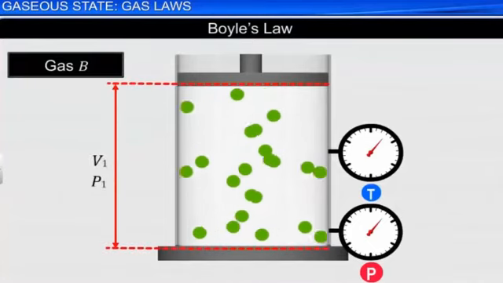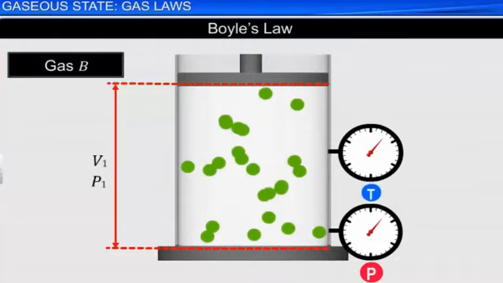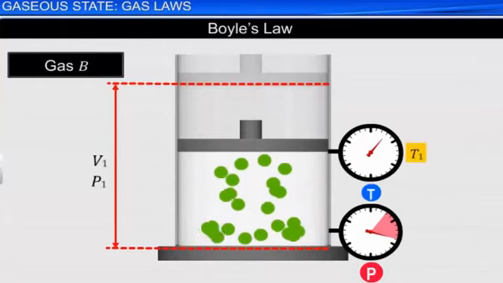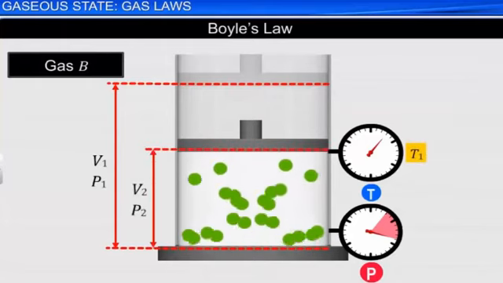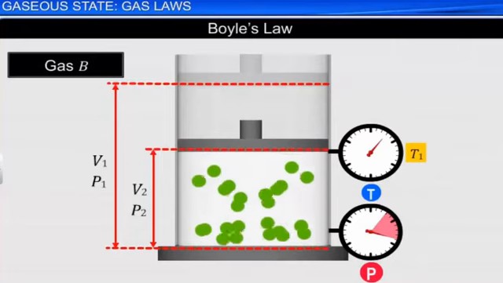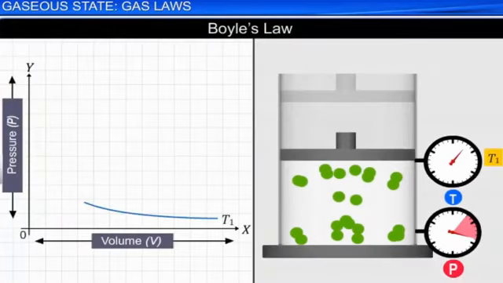Let us now slowly increase the pressure, keeping the temperature constant at T1. We observe that volume of gas decreases as the pressure increases. If we plot this variation of pressure versus volume on XY graph, we get the given curve.